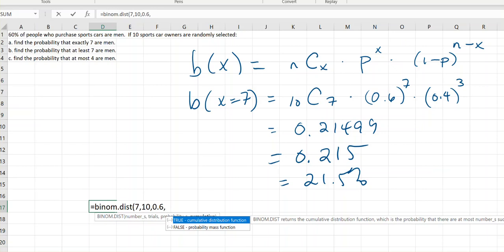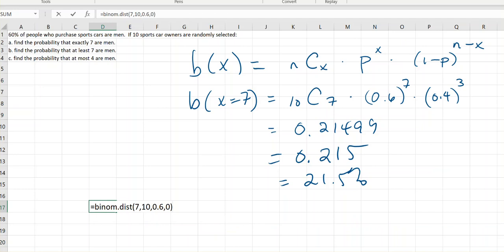The last one is cumulative or not cumulative, true or false. So you either type true or you type false, or you can type 0 or you can type 1, doesn't matter. True means that it's cumulative, which means it adds them all up, just like the table I showed you. We don't want them to add up, we just want the single probability, so we say 0, or you can also say false. Close the bracket, and you see it's 0.215, which is exactly as you would expect.